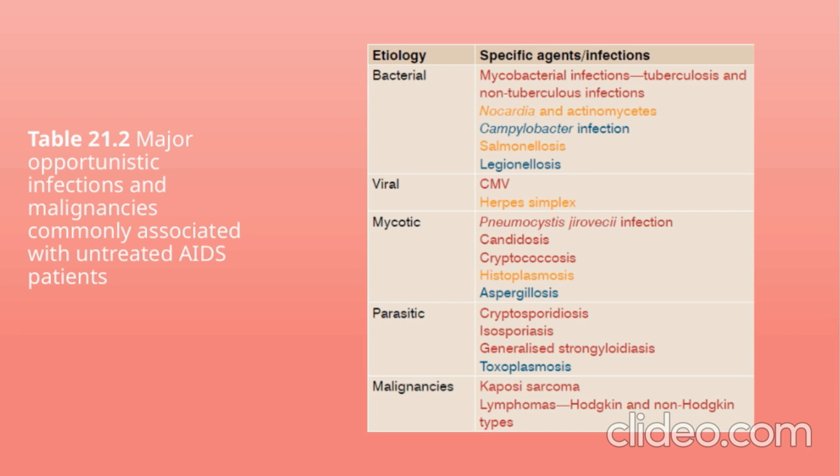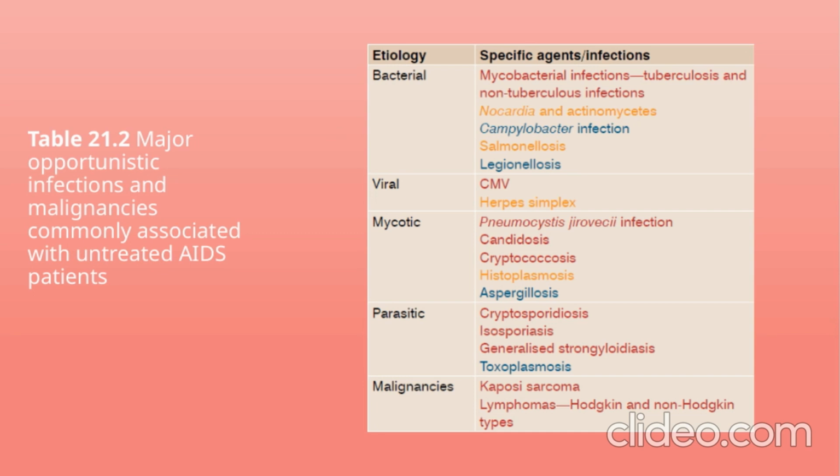As we know, when the immune system becomes severely compromised due to the progression of HIV, the body loses its ability to fight off various infections and cancers. This table essentially underscores the types of infections and malignancies that tend to develop when HIV is left untreated, emphasizing the importance of early diagnosis and treatment.